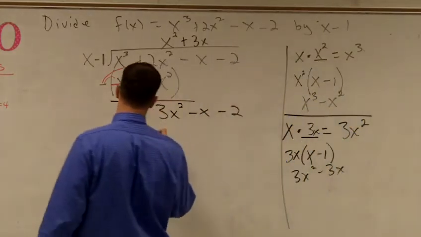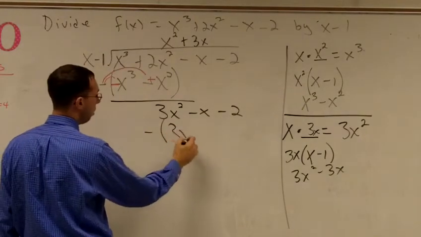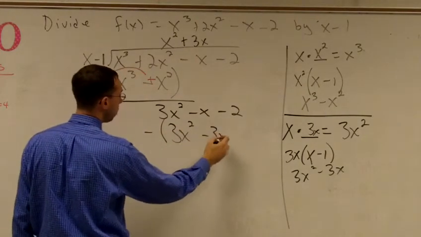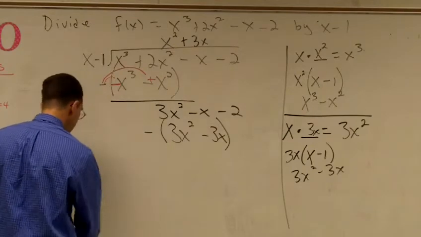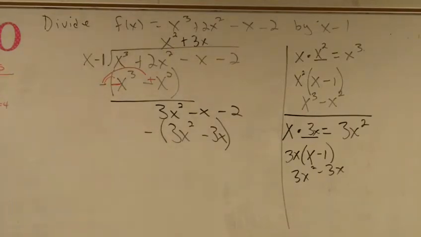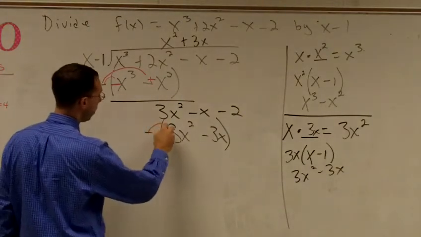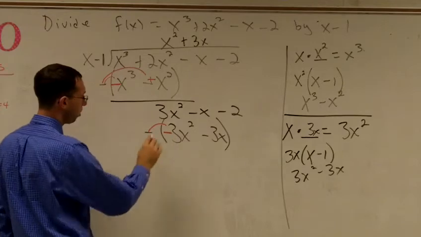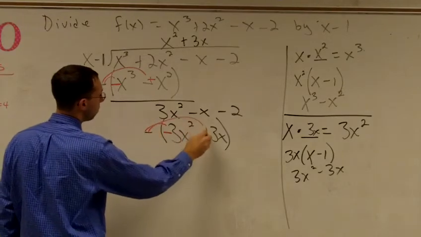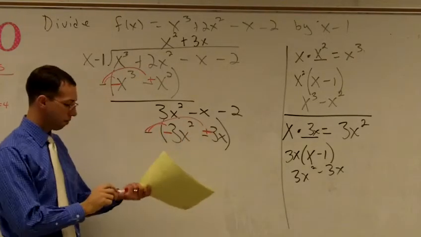And I'll subtract that off, just like you did in elementary school. That's when life was good. Okay, so distributing the negative sign and adding is the same thing as subtracting. So I'll distribute the negative sign. This becomes negative 3x squared. This becomes positive 3x.